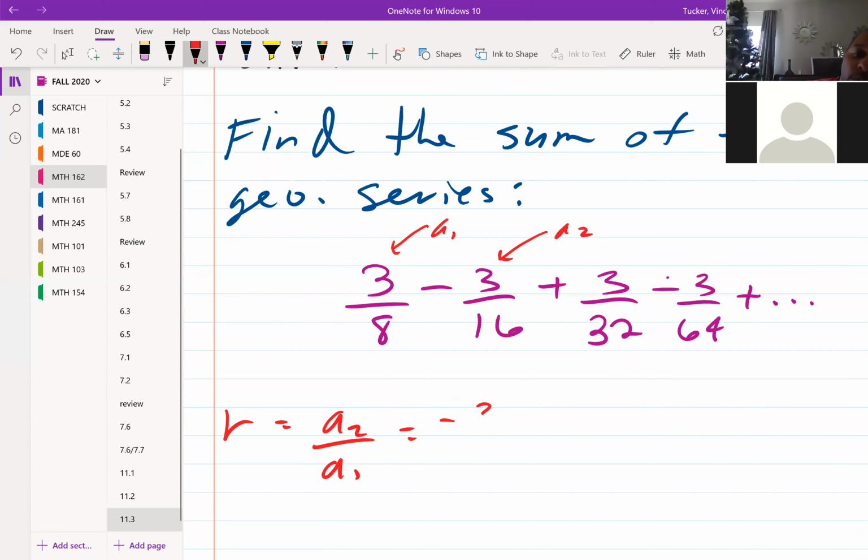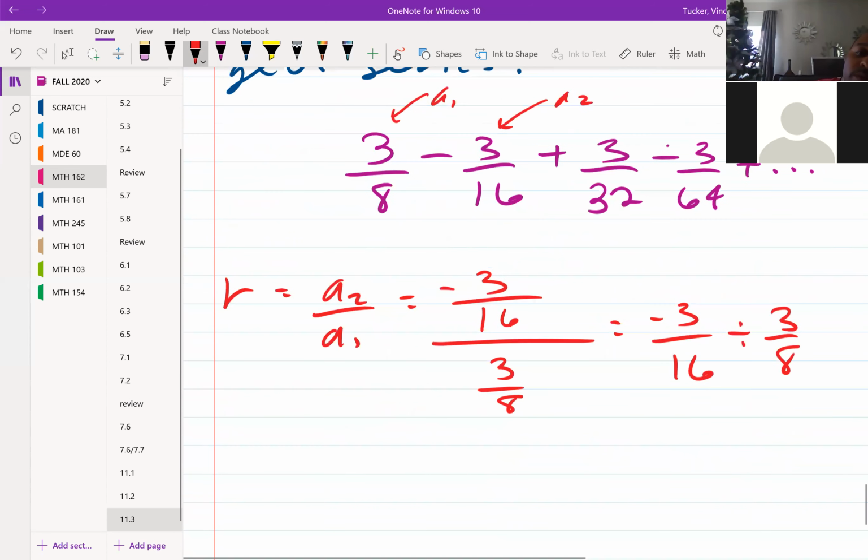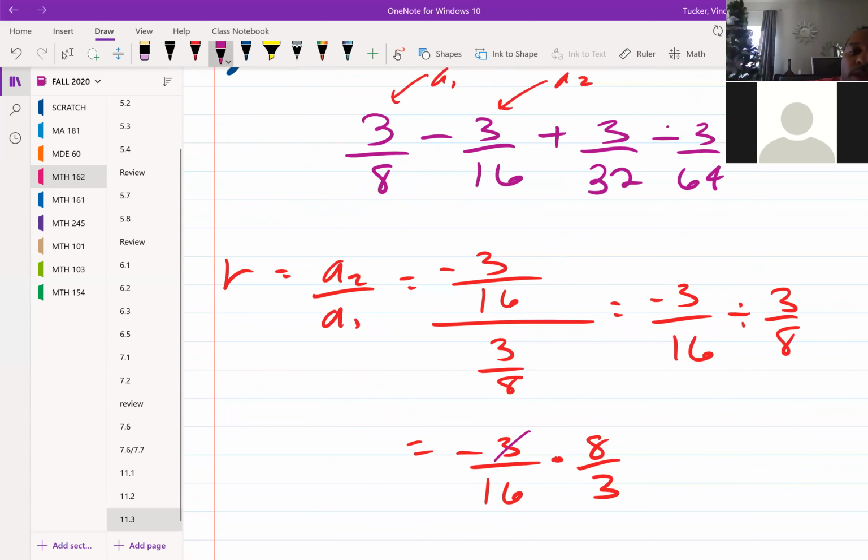And you already know how that works if we're dividing fractions: multiplying by the reciprocal. Threes cancel. Eights cancel. Leaves you with 2. So we're looking at negative 1/2.